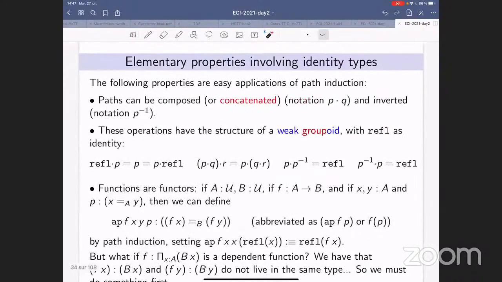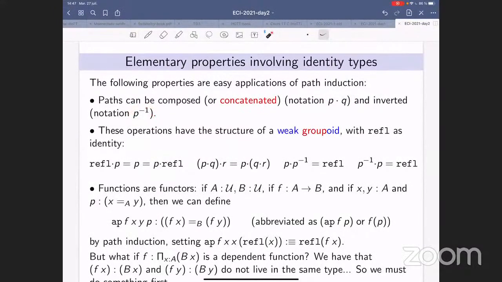And yesterday I finished the course by starting to use path induction to understand the structure of identity types. There are many things to do with identity types, and we started yesterday by showing how to concatenate paths and how to give inverses to them.